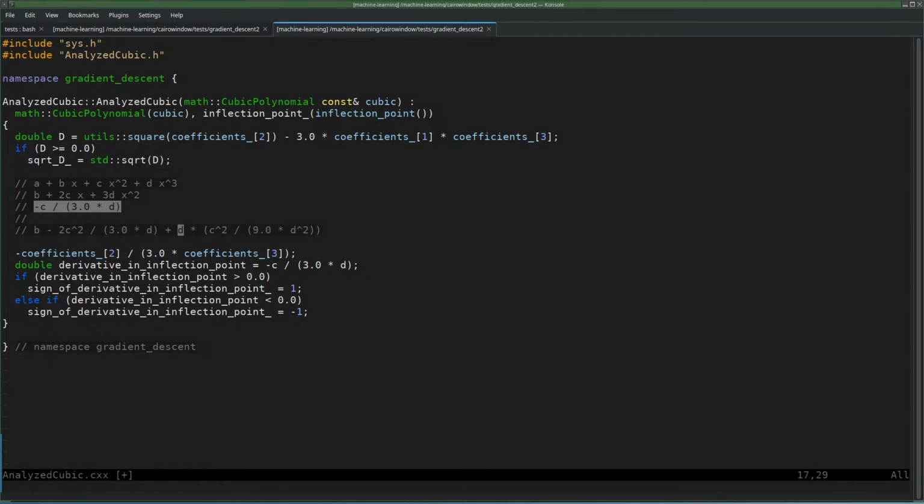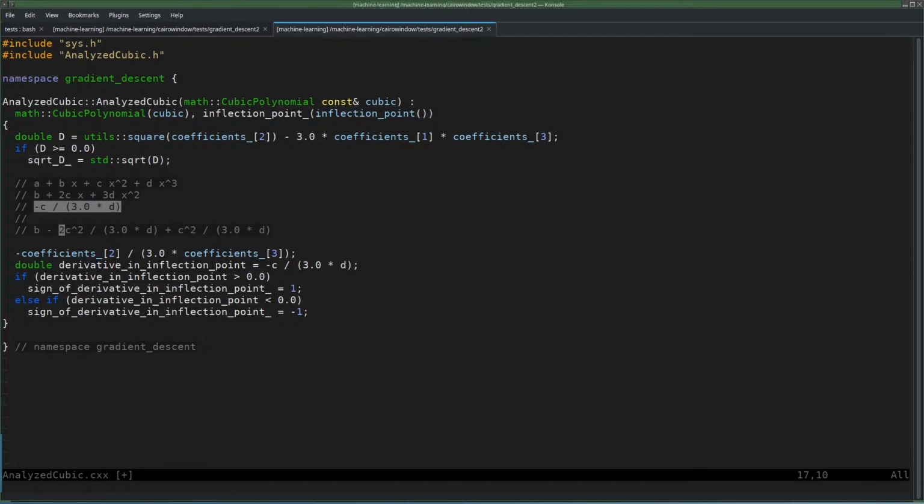So this 3 drops away against this, and the d drops away against 1 d, and then we have minus 2c squared divided by 3d, and here plus c squared divided by 3d.